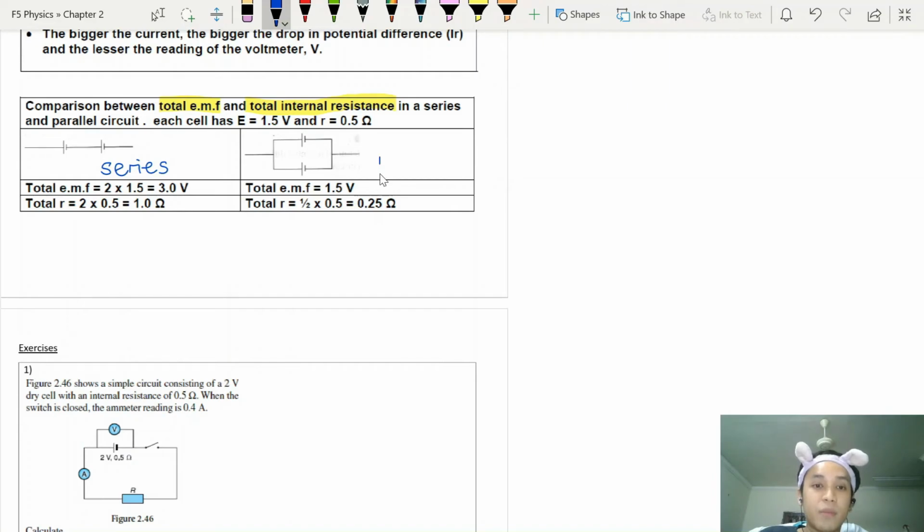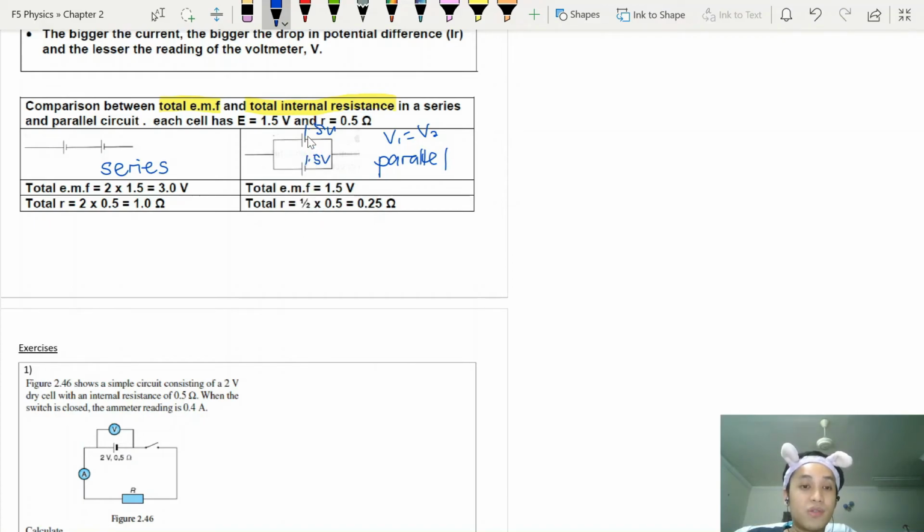But for parallel circuit, you need to remember that your V will always be the same. So here and here, if this one is 1.5, this is also 1.5 volts. Now for total internal resistance, you take half.